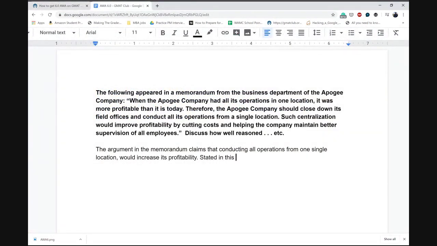Stated in this way, the argument is inconclusive without data supporting its hypothesis.